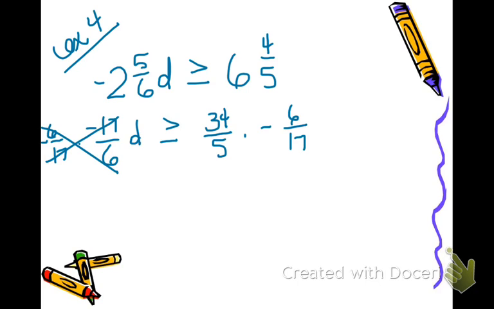And again, there's nothing to indicate this other than the fact that we tried it out with small numbers, and we know that when multiplying or dividing by a negative number, I must reverse my symbol. So instead of greater than or equal to, it becomes less than or equal to.